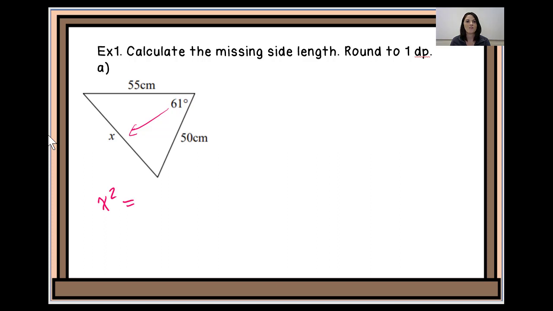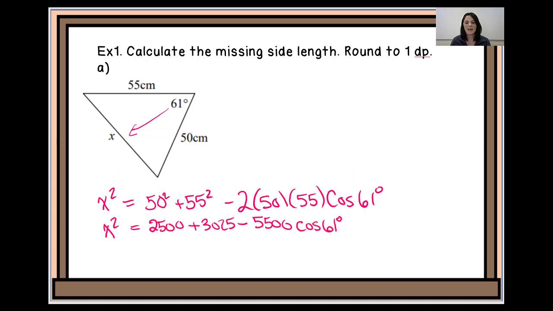So it doesn't matter if you write 50 squared or 55 squared first, it really doesn't matter. So 50 squared plus 55 squared minus 2 times 50 times 55 cosine 61 degrees. And then we're going to go ahead and simplify.